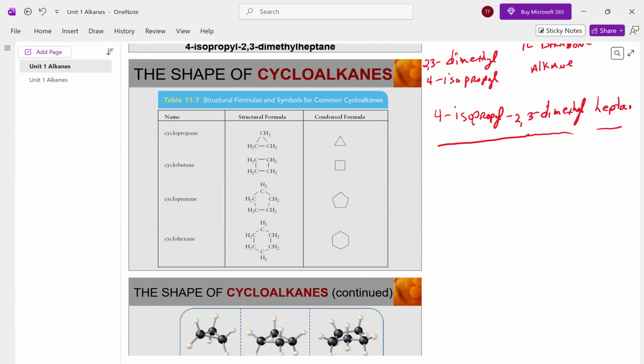Okay, when we name it, though, we have to refer to that as a cyclo backbone, depending on the length.